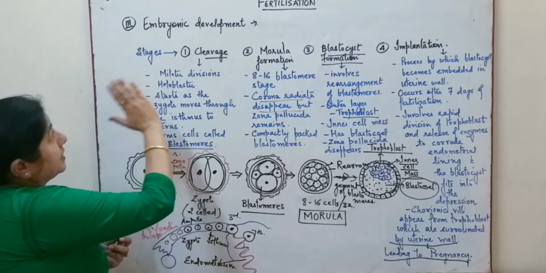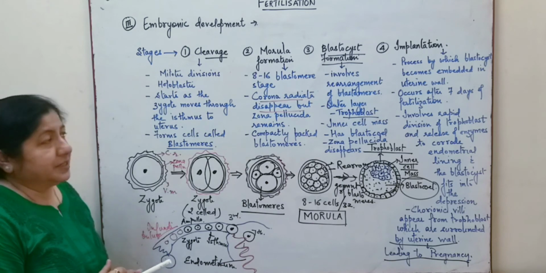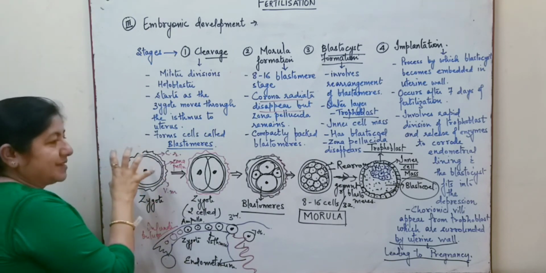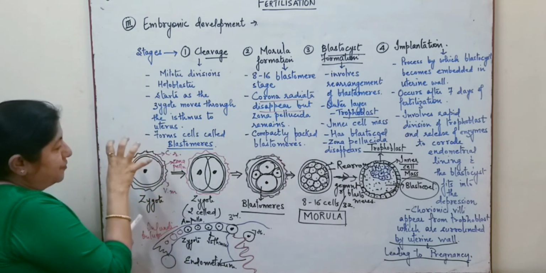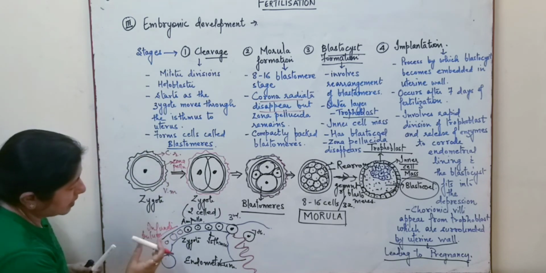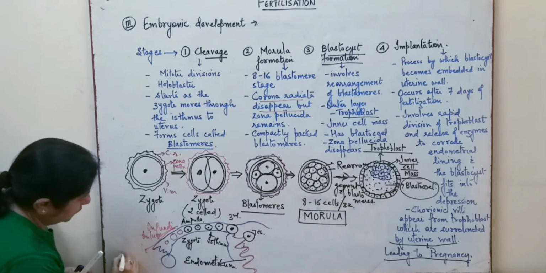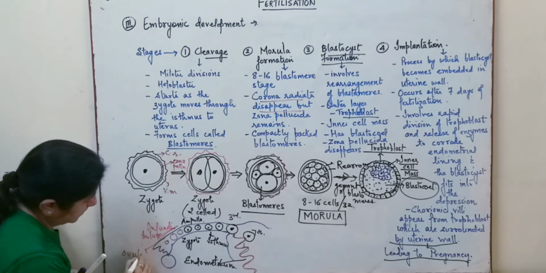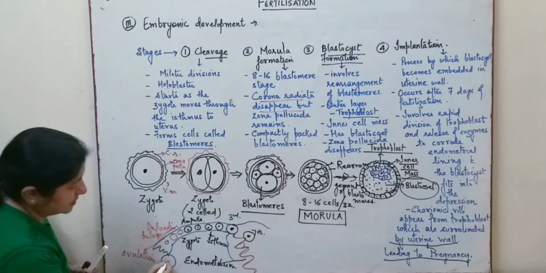So during the embryonic development, we find that the zygote has started its journey from a single cell. Right from here, this period is marked as ovulation. This is the ovary.